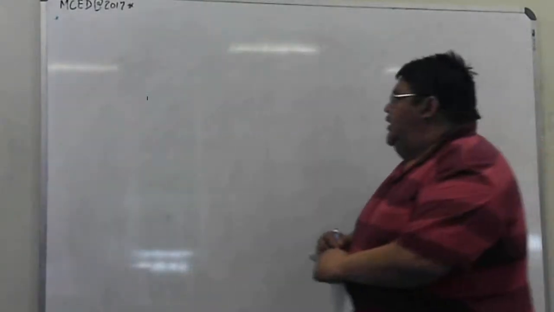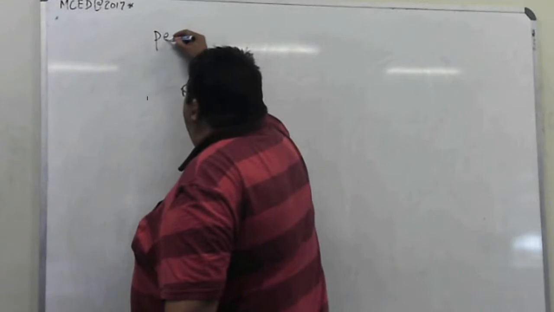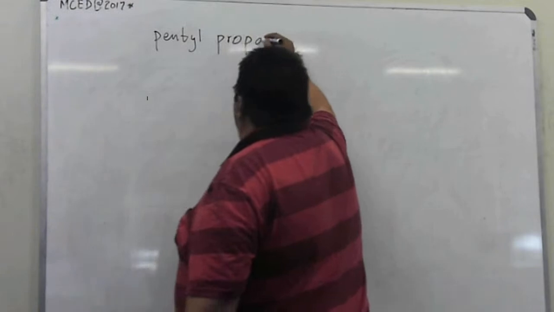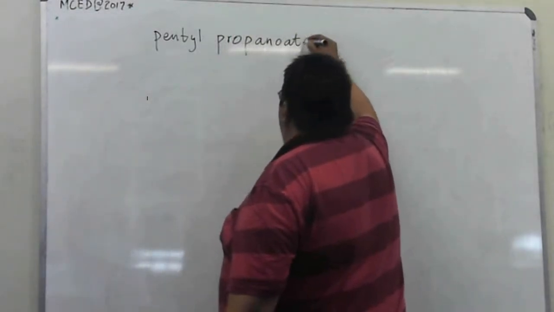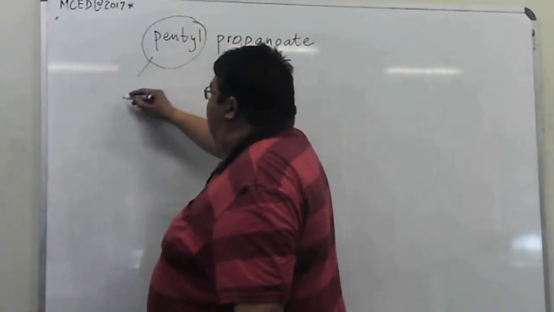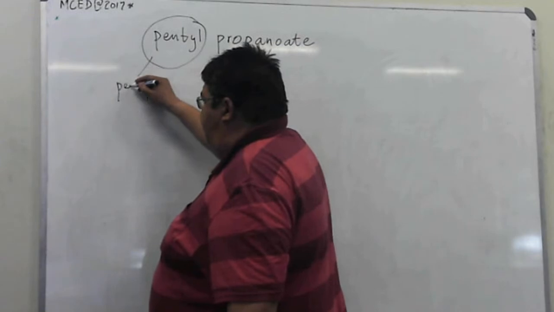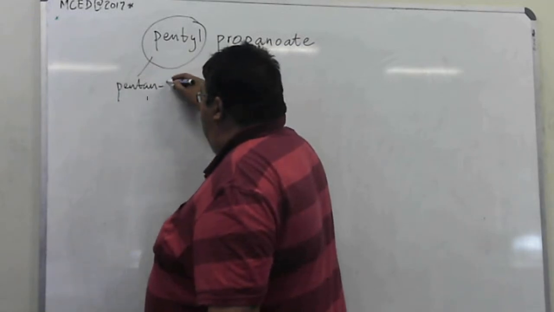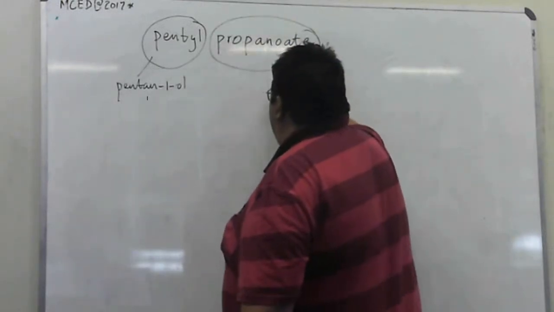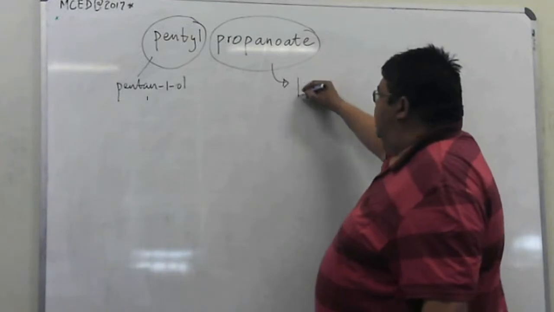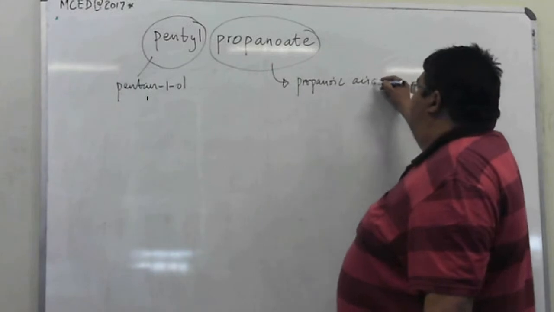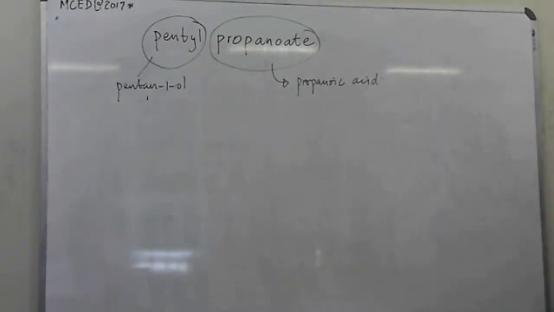So I'm first going to write down the name, pentyl propanoate. We know that the pentyl group comes from pentan-1-ol, and the propanoate comes from propanoic acid. We know this now because we learned it this morning.